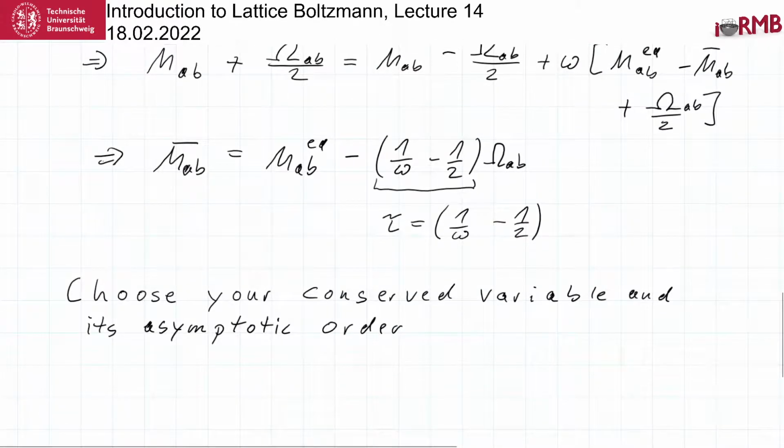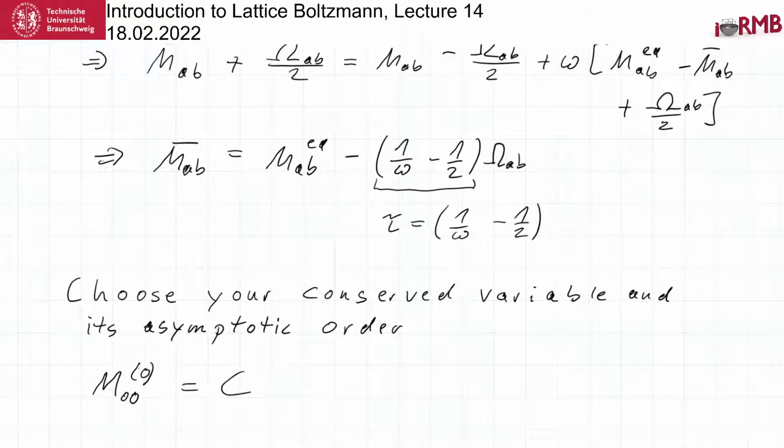We do this by saying that M00, the zero order moment, and we take the zero order of the zero order moment, which is not necessary but allowed, and define this as being the C, which is the concentration that we want to solve for.